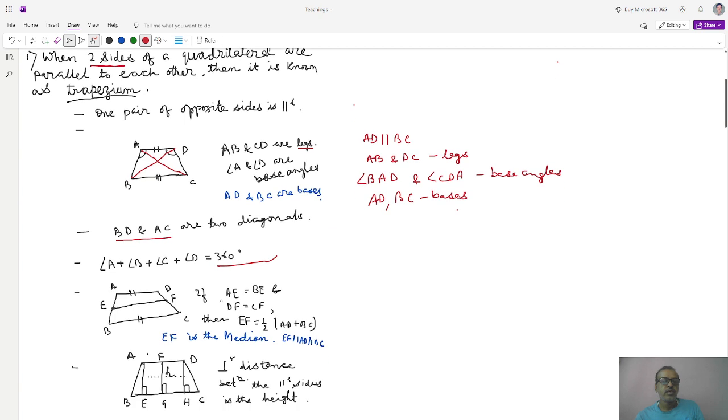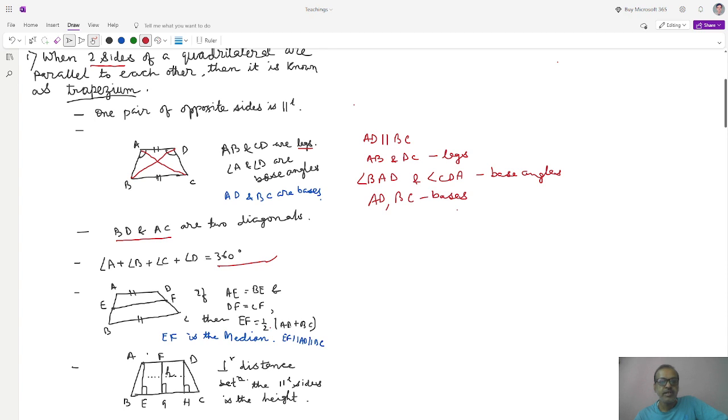Now let us take the midpoint of AB as E and the midpoint of DC as F. Then EF will be equal to half of AD plus BC.